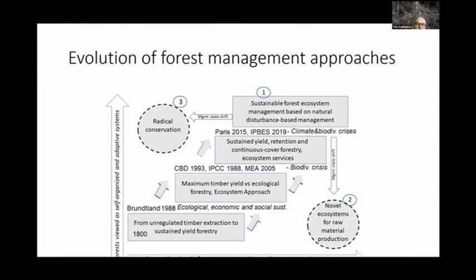And in general, this is a graph from our recent paper.